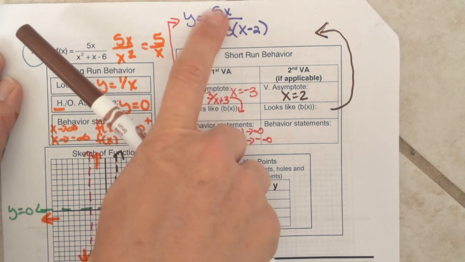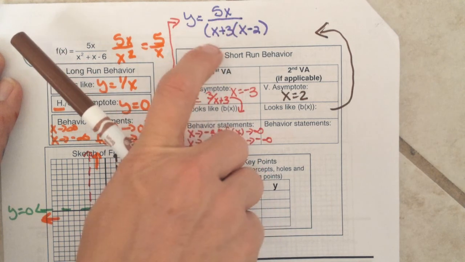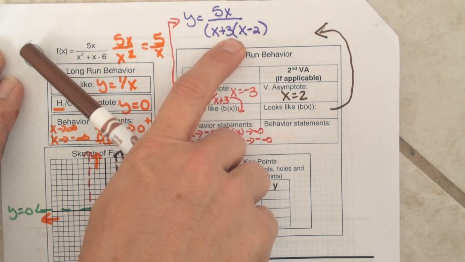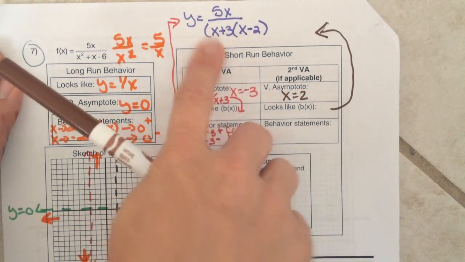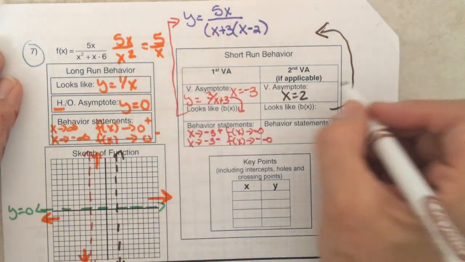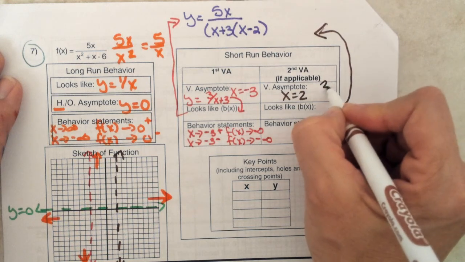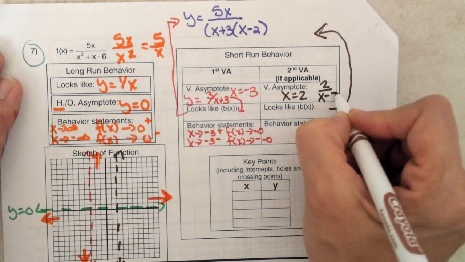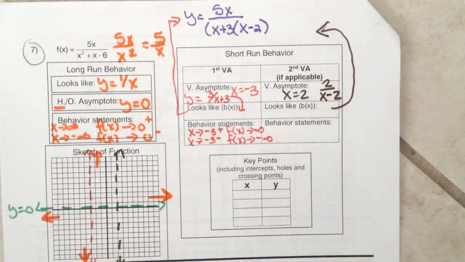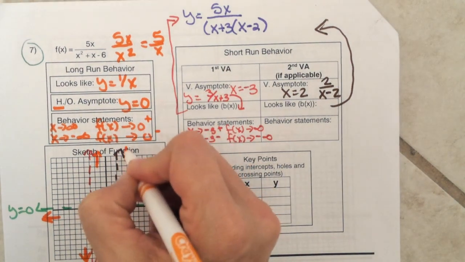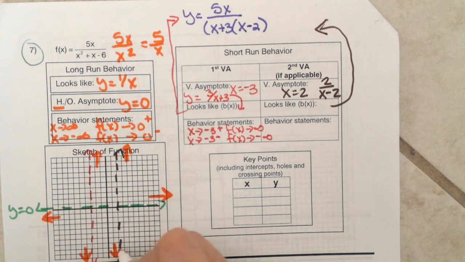So I plug in a 2 up here. 5 times 2 is 10. 2 plus 3 is 5. So 10 divided by 5 is going to be 2 over x minus 2. So it's going to look like a positive again, so it's going to go up on the right, down on the left.